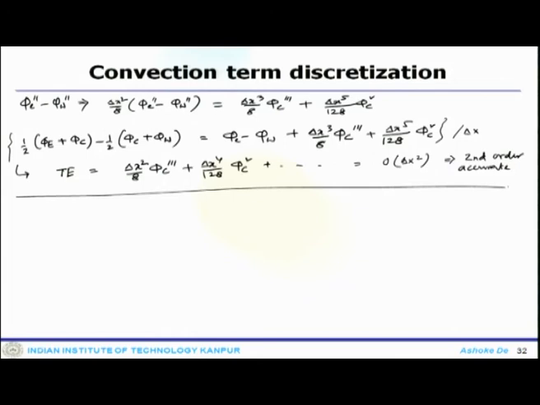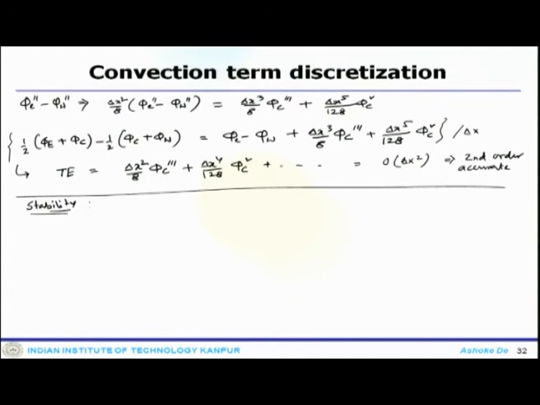So this takes care of the accuracy. Now, the other point which comes up is the stability. Now, the confusion related to truncation error, first order for the physical solution and second order for the unphysical one, has led to extrapolating this term so accurately that the diffusion gets reduced.